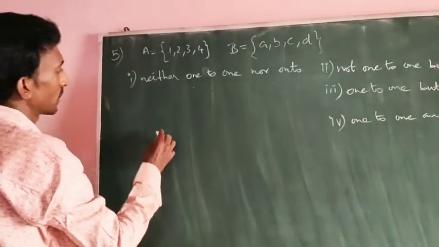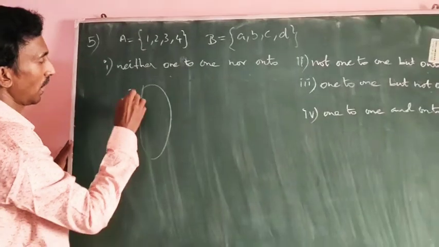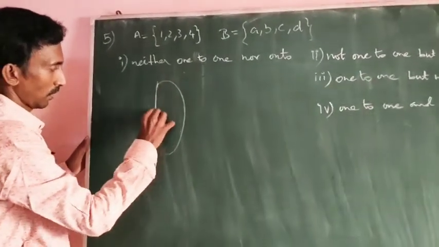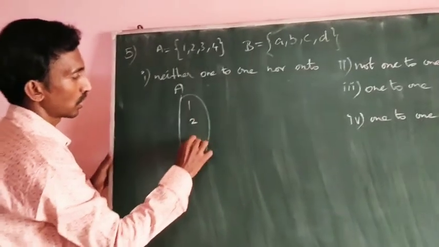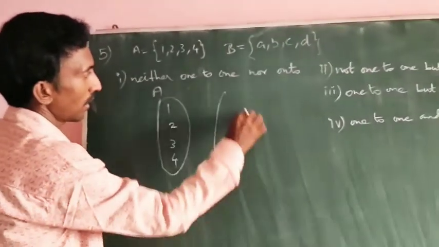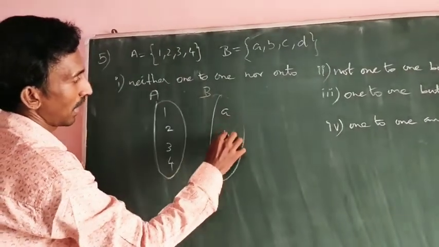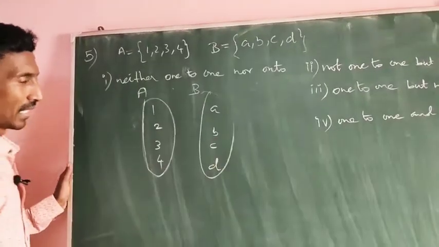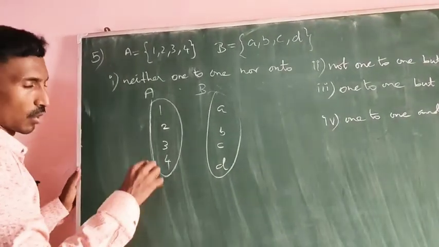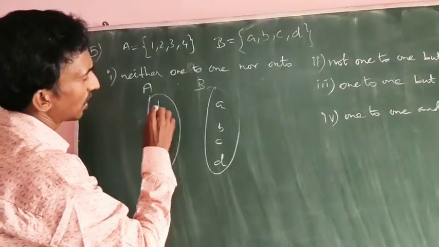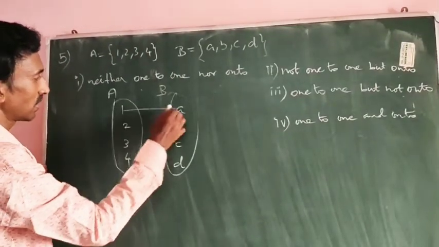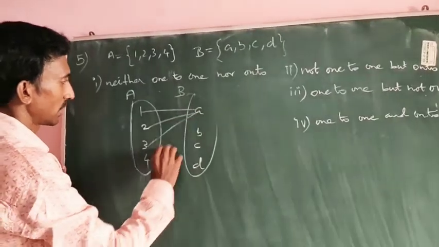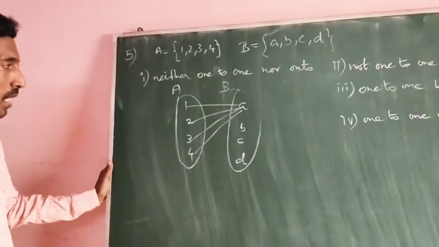So for the first subdivision, look at the set A. It has elements 1, 2, 3, 4. And B has elements a, b, c, d. The easy way is to relate all the elements to a single element. It is an easy, well-known example.